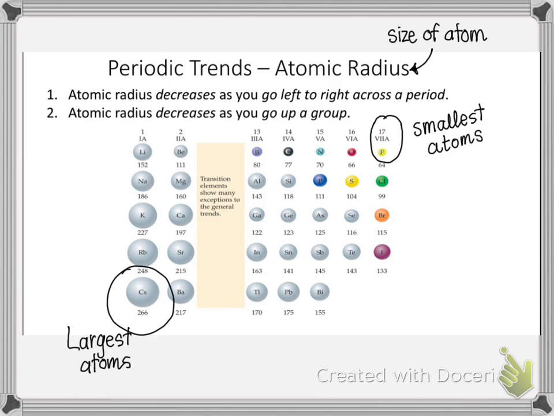I'm not going to ask you to tell me which atom is the smallest, but I do want you to understand that the smaller atoms are in the upper right-hand corner of the periodic table and the larger atoms are in the lower left-hand. We also want to understand things like, as you go down the periodic table, the bottom of the periodic table has larger atoms than the top. So generalizations like that.